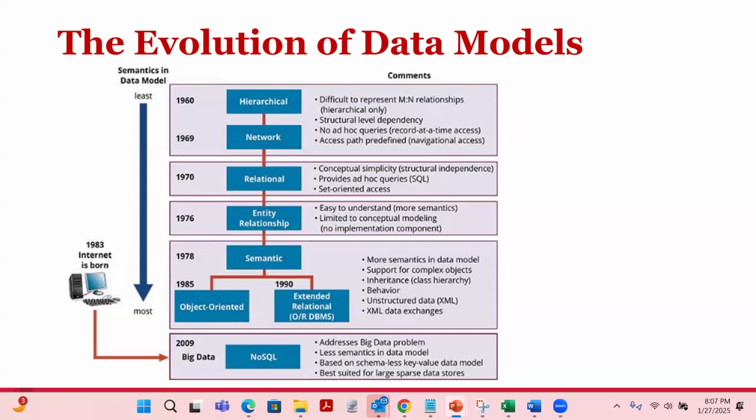He worked at IBM, and in 1971, he first introduced the relational data model. He was getting a lot of pushback from different parts of the company, from his co-workers.